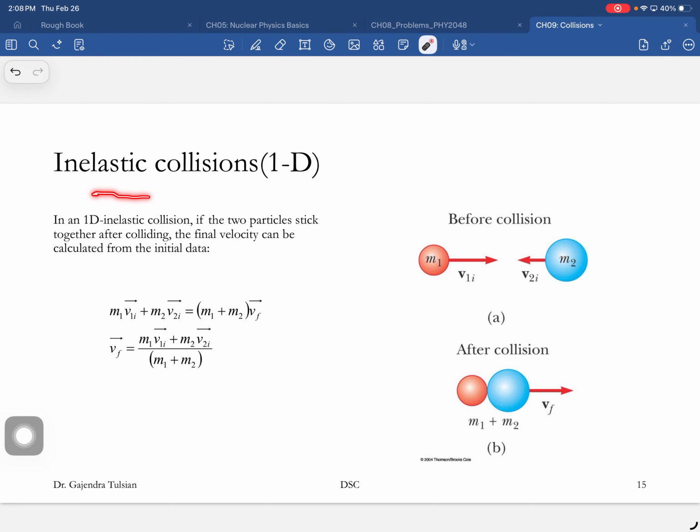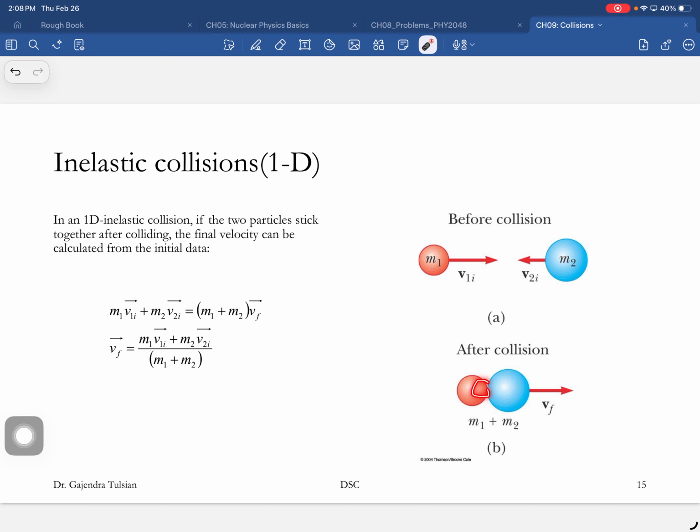Okay, so here's an inelastic collision in one dimension. They're all going in a straight line, and before the collision and after the collision, they're going in the same straight line. This is an inelastic collision, they stick together.